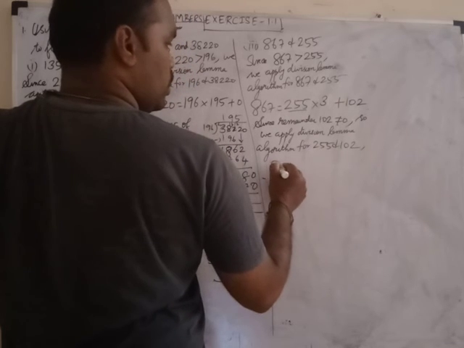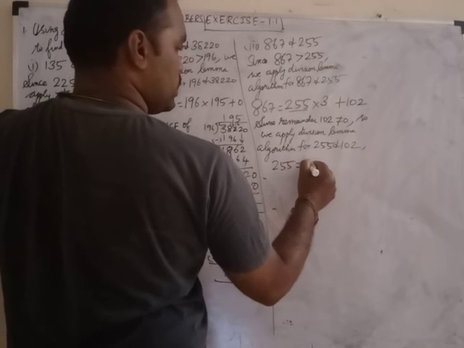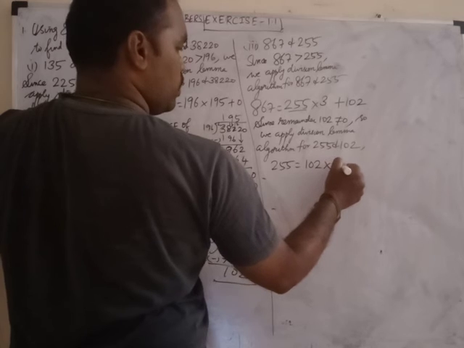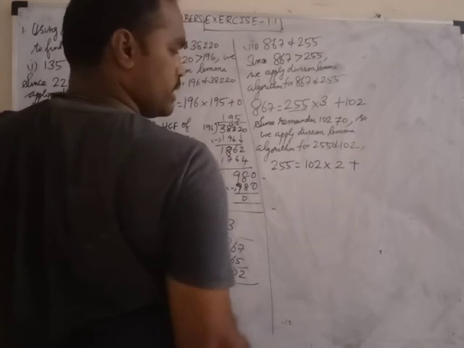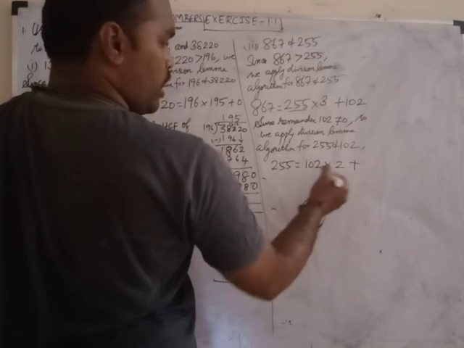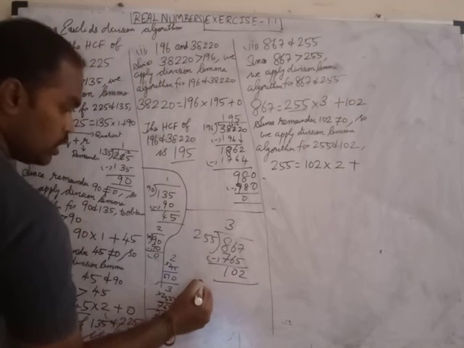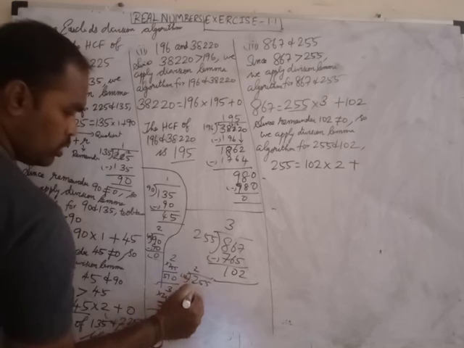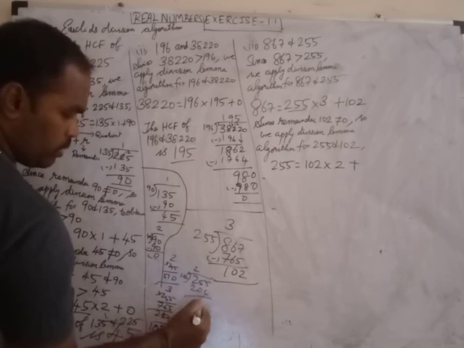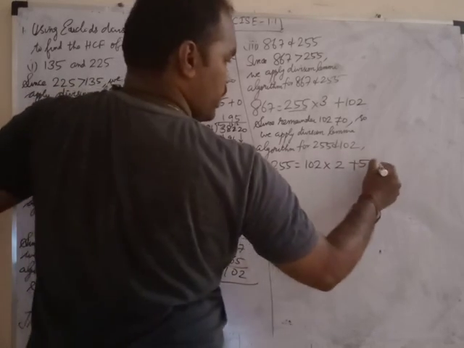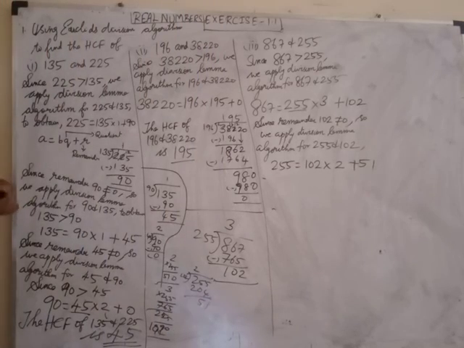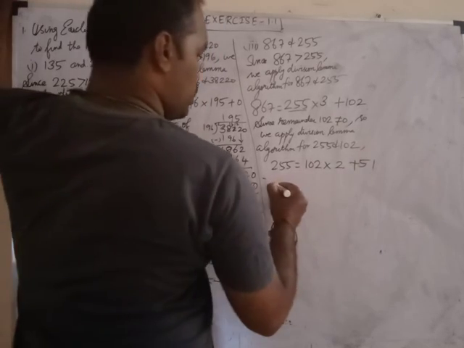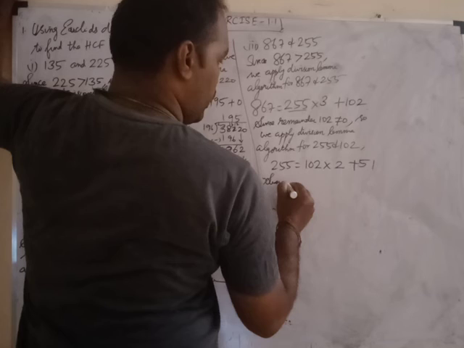So 255 equals how much? 102 into 2. Correct. So how much remaining will come? 255 divided by 102, 204. Remaining is 51. Okay. Now remainder is what? 51.